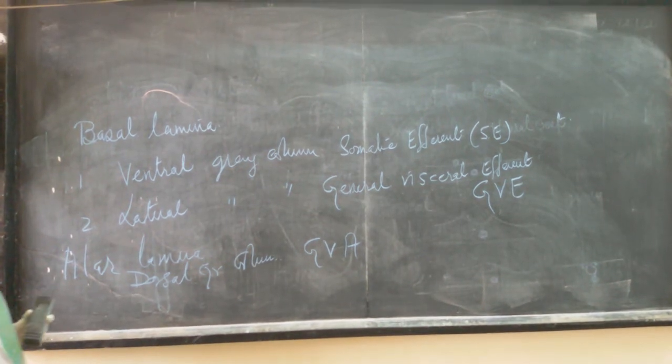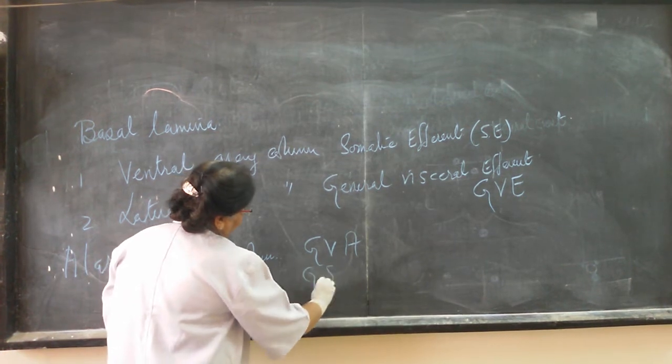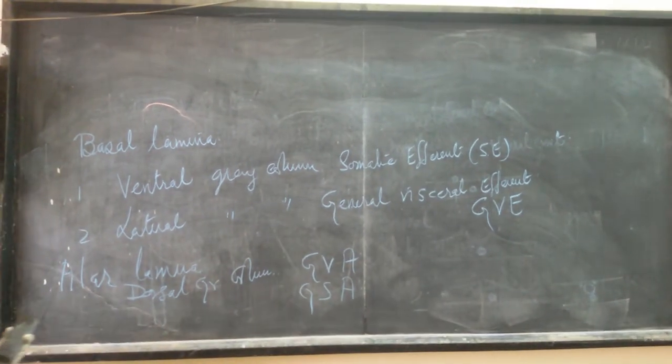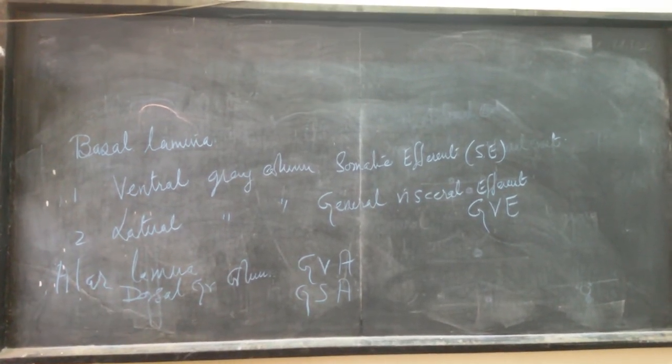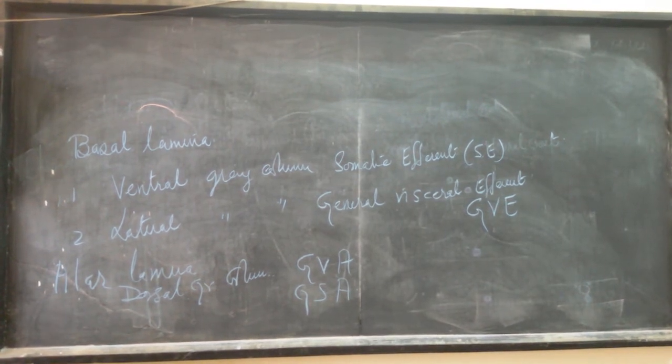And the other one is known as general somatic afferent. General somatic afferent brings sensation from the skin, joints and muscles.